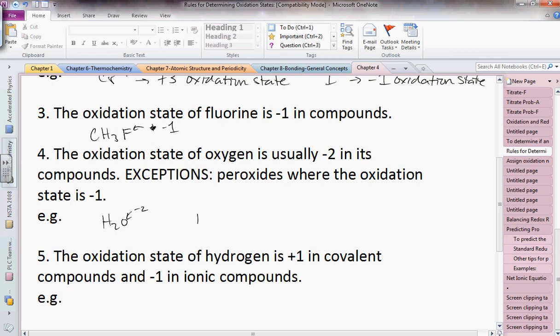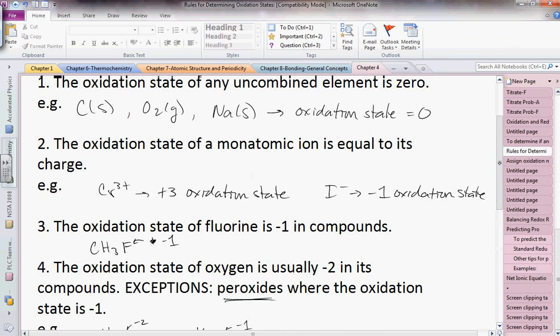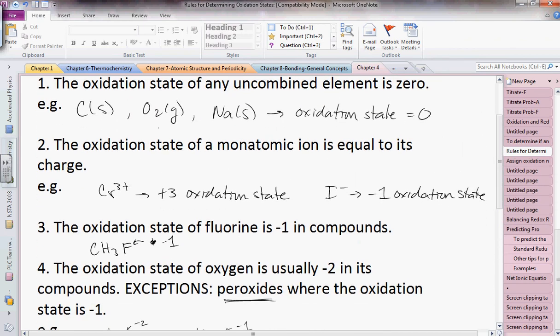However, if we have something like potassium peroxide, then oxygen would have an oxidation state of -1. We don't see a lot of peroxides, and they are a little bit unusual, but it's an exception you need to know. Almost always, the oxidation state of oxygen in a compound will be -2. But watch out, because oxygen could be an element, in which case the oxidation state is 0.